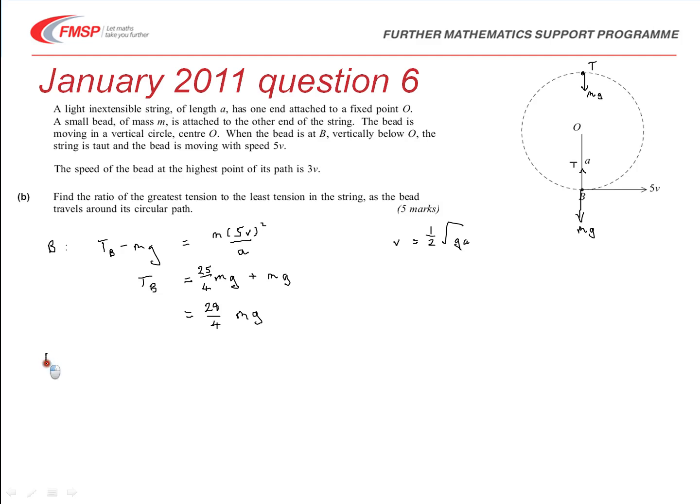So when we do the one at the top, again we've got the tension acting towards the centre, TT, but this time the weight is also acting towards the centre, and that must equal the force that's required in the string, which this time is going to be m times 3v squared over a.